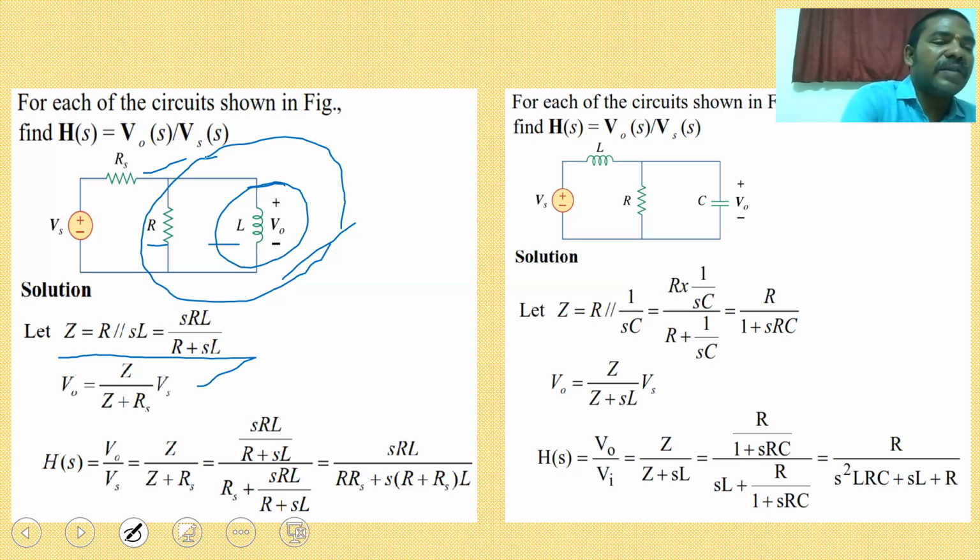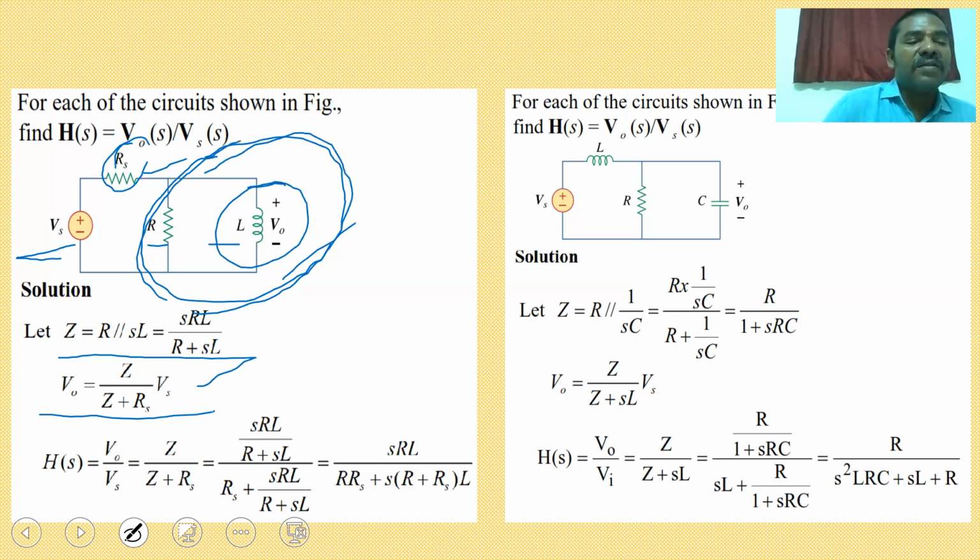The total voltage is Vs. This impedance and Rs are connected in series, so by using voltage division, Vo is equal to the total voltage Vs into the same impedance Z divided by Z plus Rs. Finally, Vo by Vs is equal to Z divided by Z plus Rs.